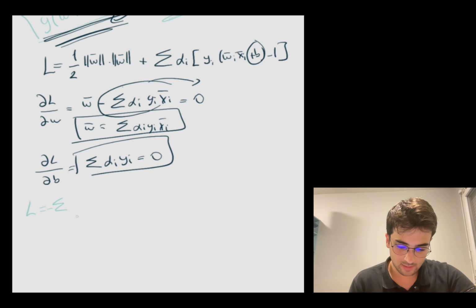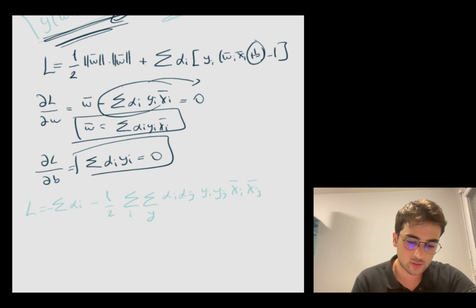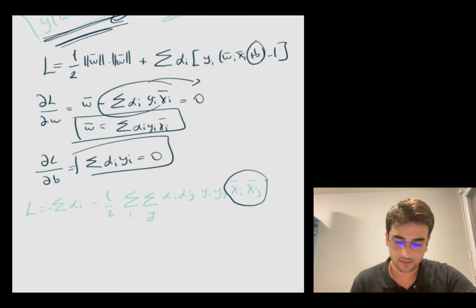What you would have is L equals sigma alpha i minus 1 over 2 sigma sigma, this one is for i, this one is for j, you will see alpha i alpha j, yi yj, and xi xj. These are the vectors, and the most important part is here.